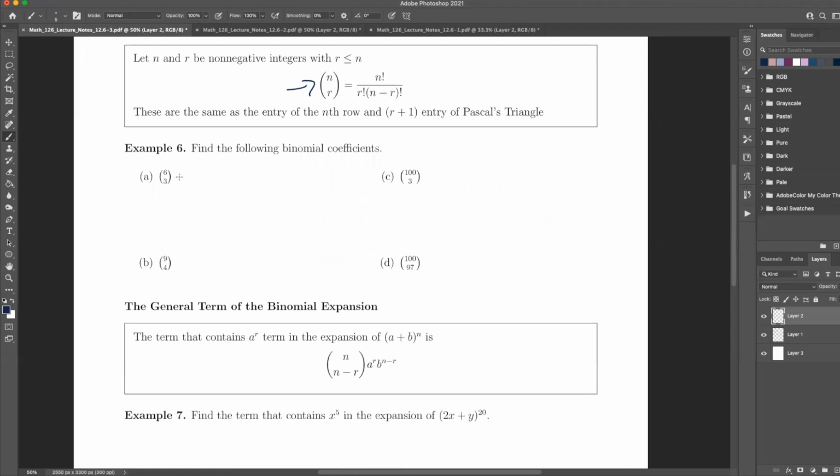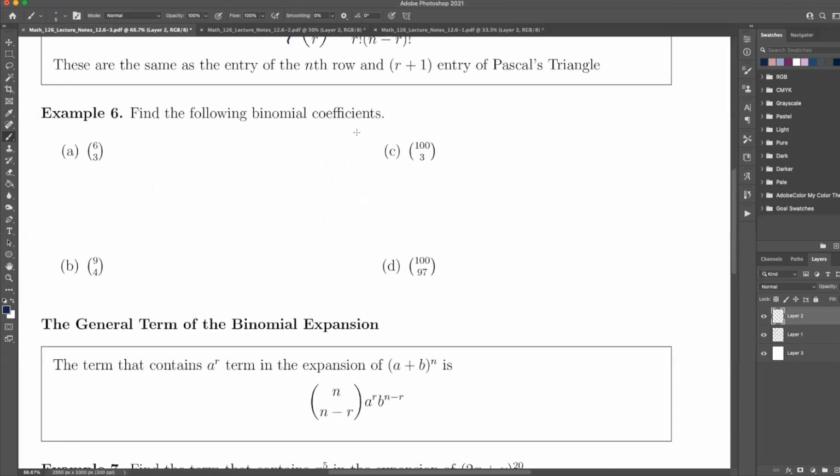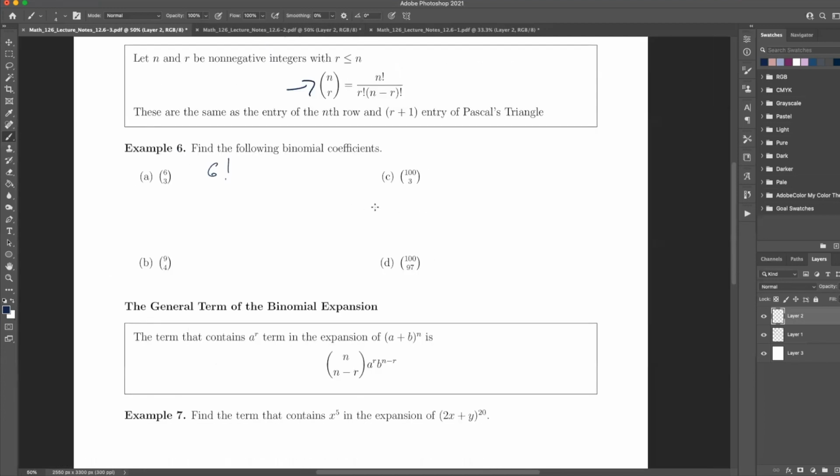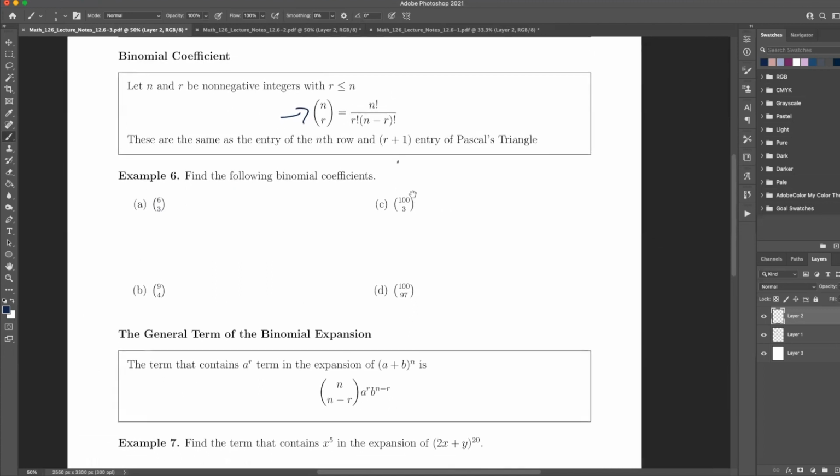Let me zoom in just because these numbers are a little bit small. So here we're just going to learn how to use, or define, these binomial coefficients.